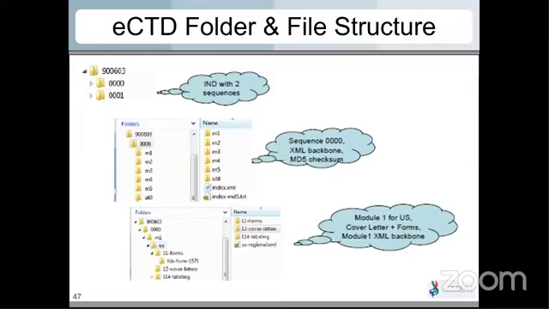In the US, as they present in their guidance document, they have their forms first, and then under the forms is which type of form is being submitted. And then the cover letters, and then labeling and so forth. And then also it will have the XML backbone file that is included in order to provide the metadata that puts that information all into the appropriate location.